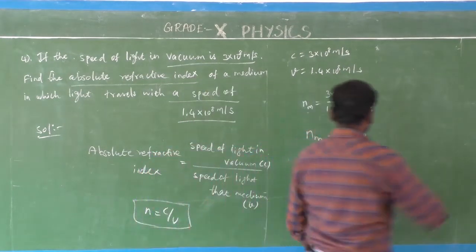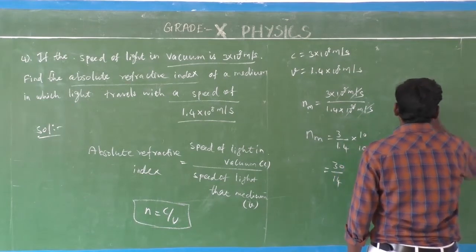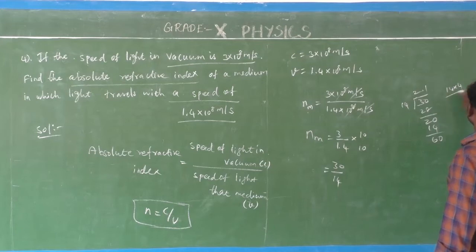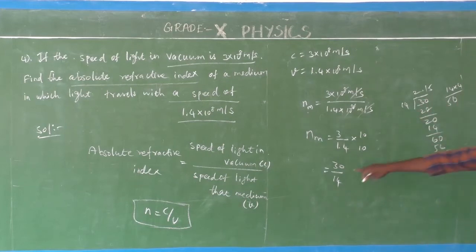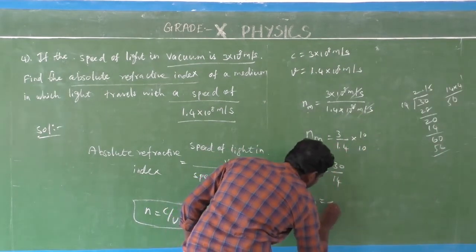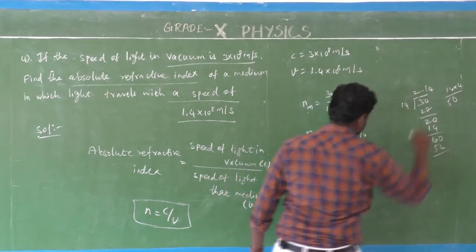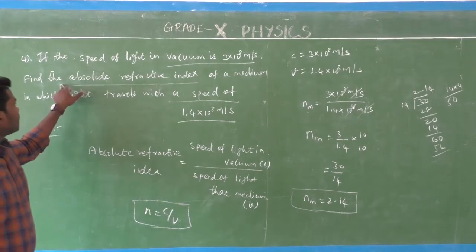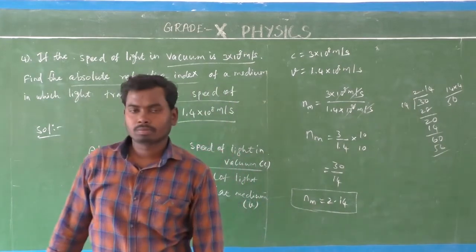Further dividing, 30 divided by 14 is equal to 2.14. So the refractive index of that medium is 2.14. So the absolute refractive index of that medium is equal to 2.14.